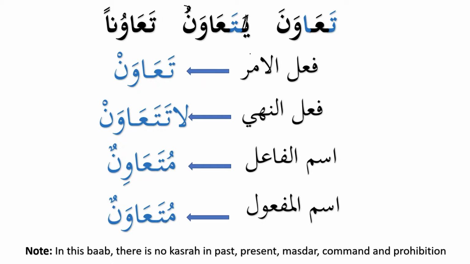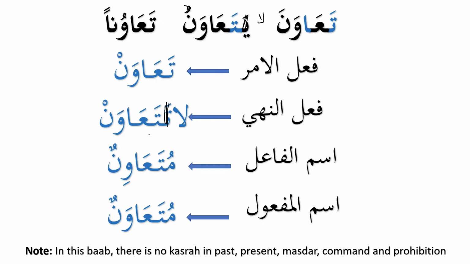Fi'l nahi will be, as we know, we add la to that, and fi'l nahi is always to the second person, so it will be la tata'awan. But in the example of the Quran we have seen, وَتَعَاوَنُوا عَلَى الْبِرِّ وَالتَّقْوَى وَلَا تَعَاوَنُوا. So what happens again when we have a combination of two ta's, then one of them gets dropped.